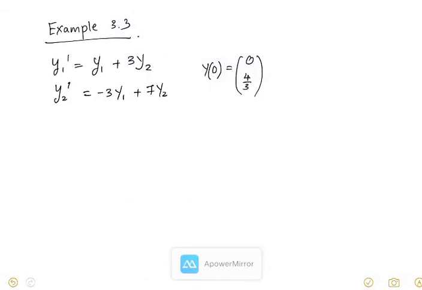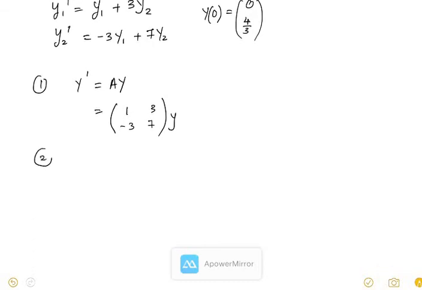Following the first step, we need to write in the form of y prime equal to Ay. So A from the question is 1, 3, negative 3, and 7.